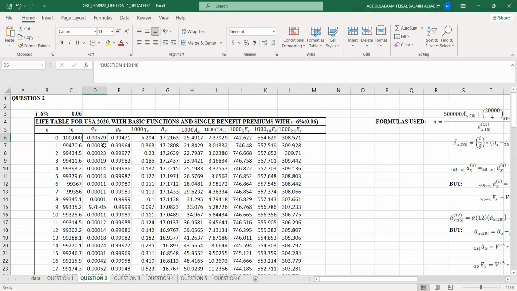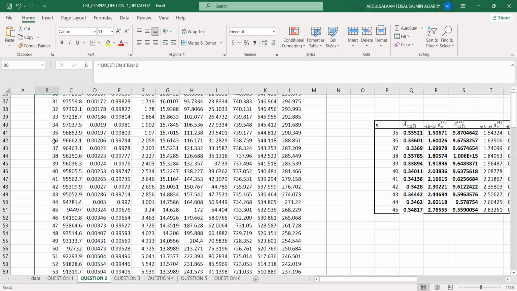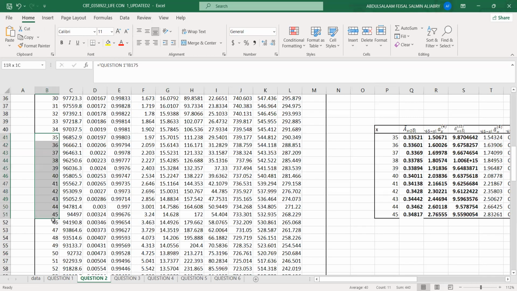As you can see, for all the components, I use the same function. I just copy and paste and drag the data all the way down. So by using this, we have to find the level monthly premium for ages 35 to 45.